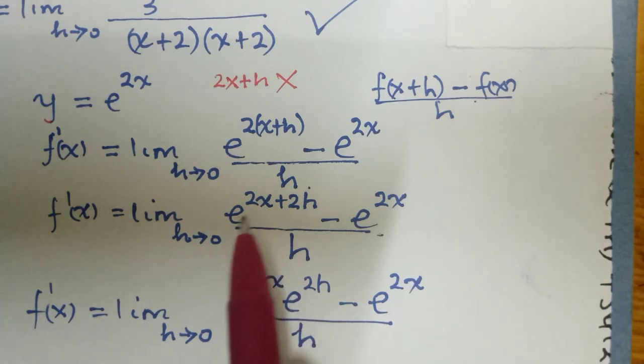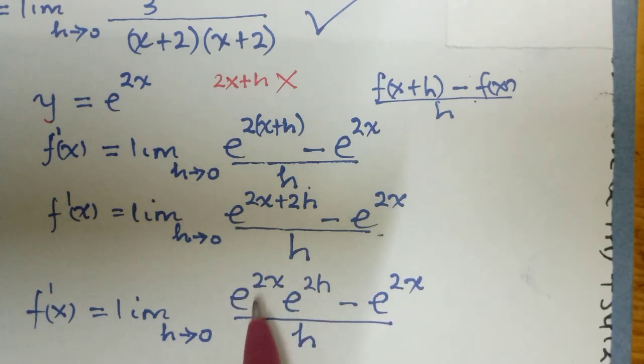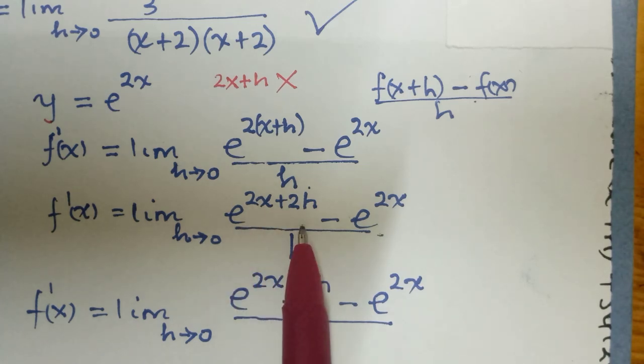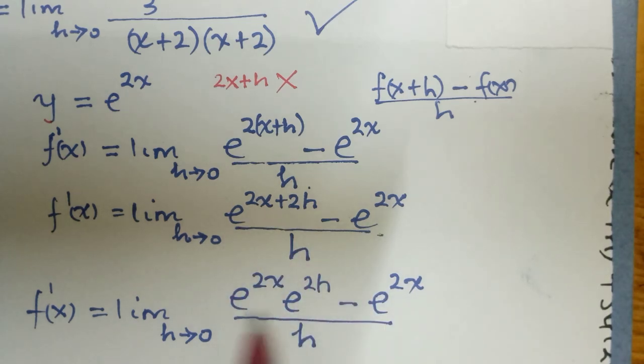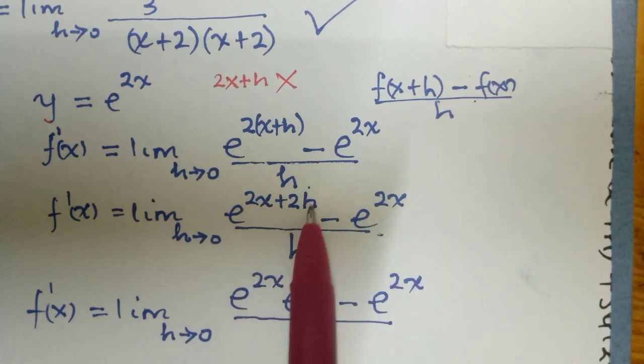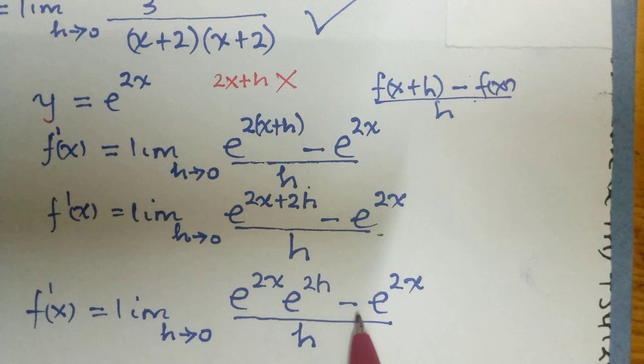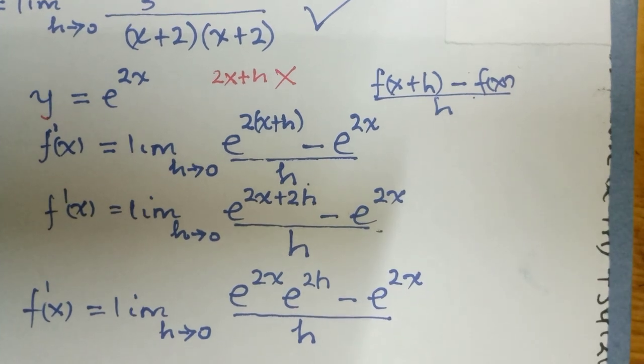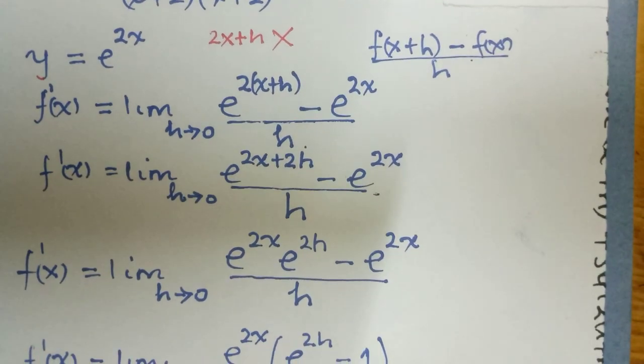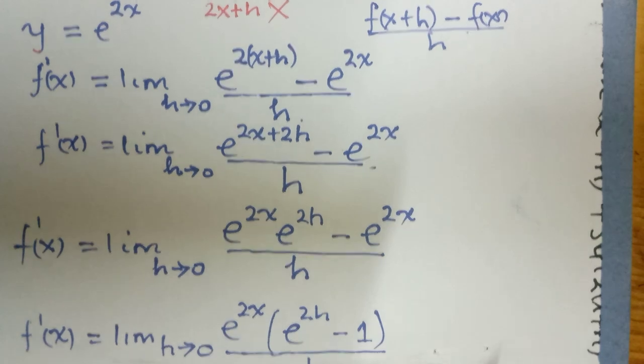That is on multiplication of indices. That's how we separate it. We use the indices because if you multiply, it will be e raised to 2x plus 2h, which is like this. Then from there, guys, I can come and factor out e raised to 2x, and this is what I have done here.